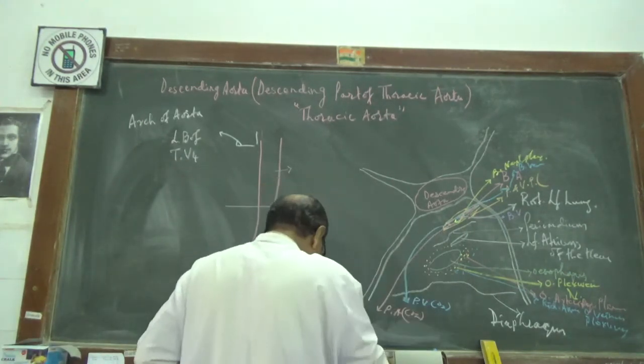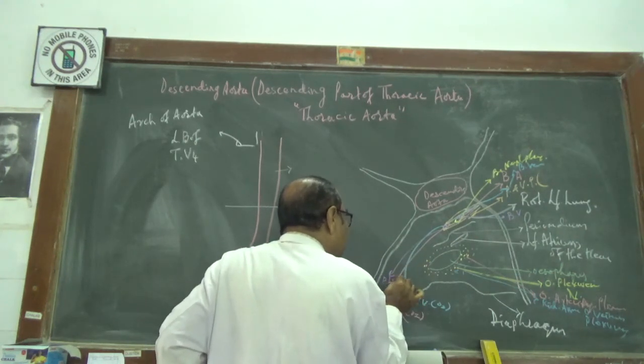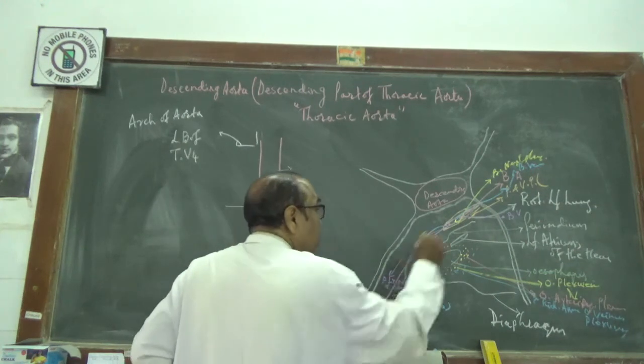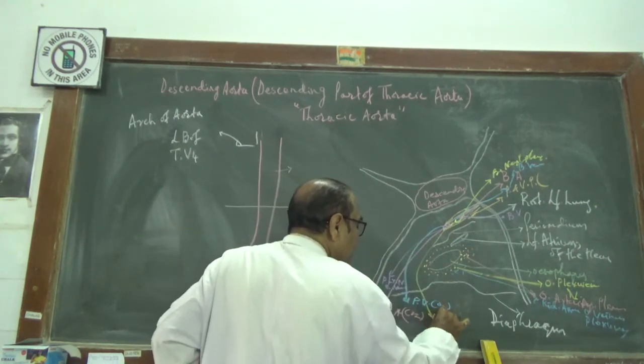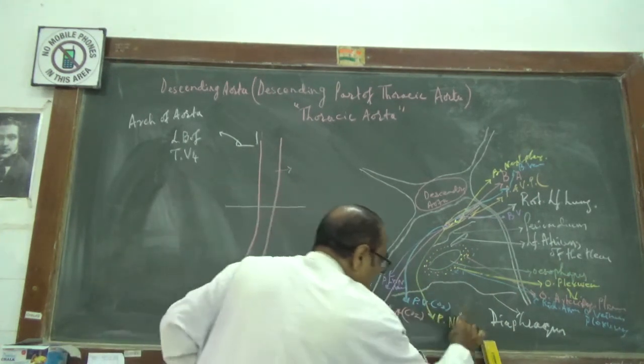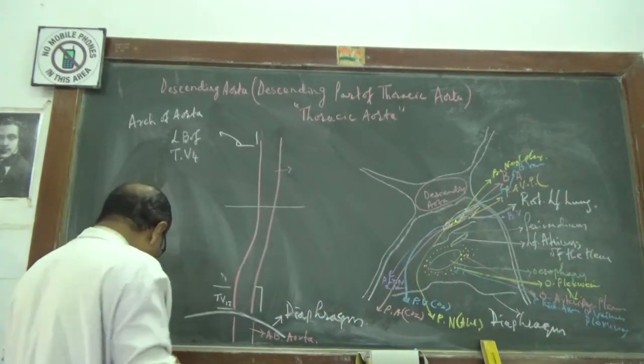Then you will have the pulmonary plexus of lymph vessels and the nodes. Then you will have the pulmonary plexus of nerves. This is autonomic. All these are there in a successive way.